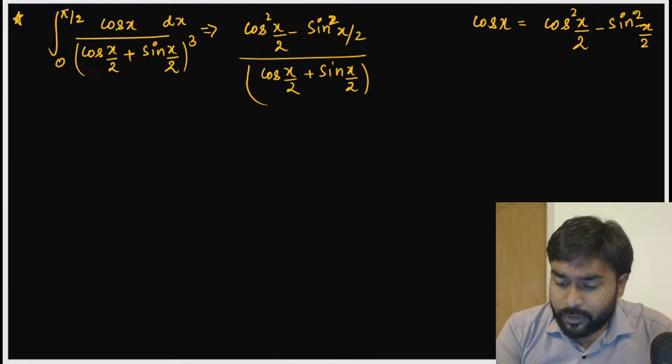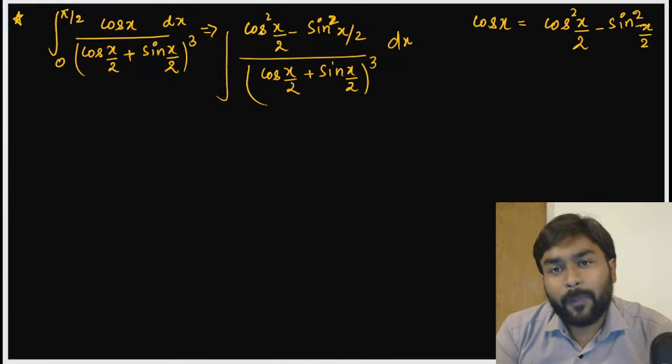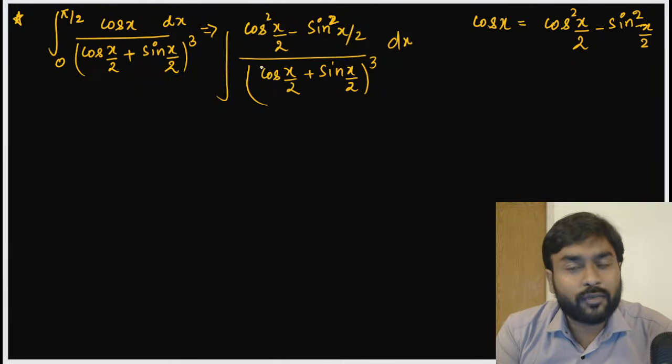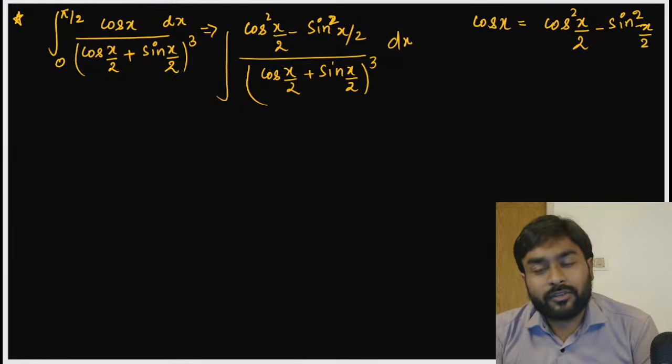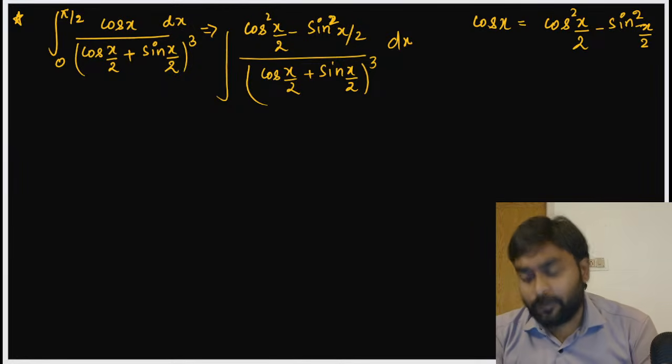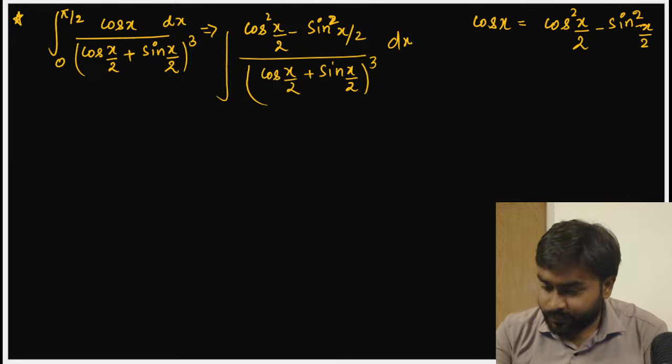Here is the whole cube and integration dx. Then after that, here a square and here b square, so we will apply that formula. You can solve this question and tell me the answer in chat. I will check that also. Please tell me what the answer of this one will be.